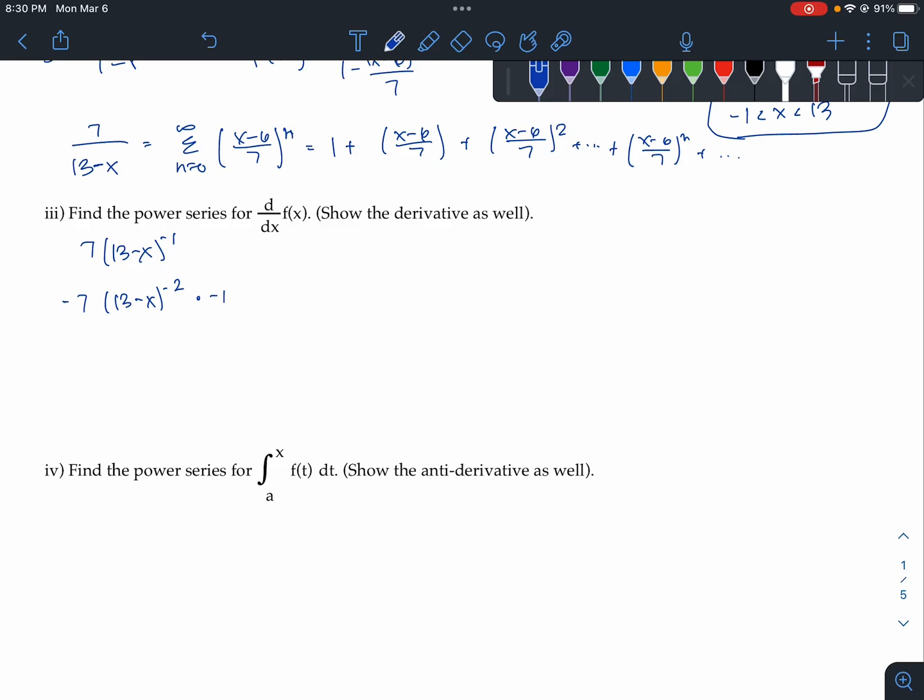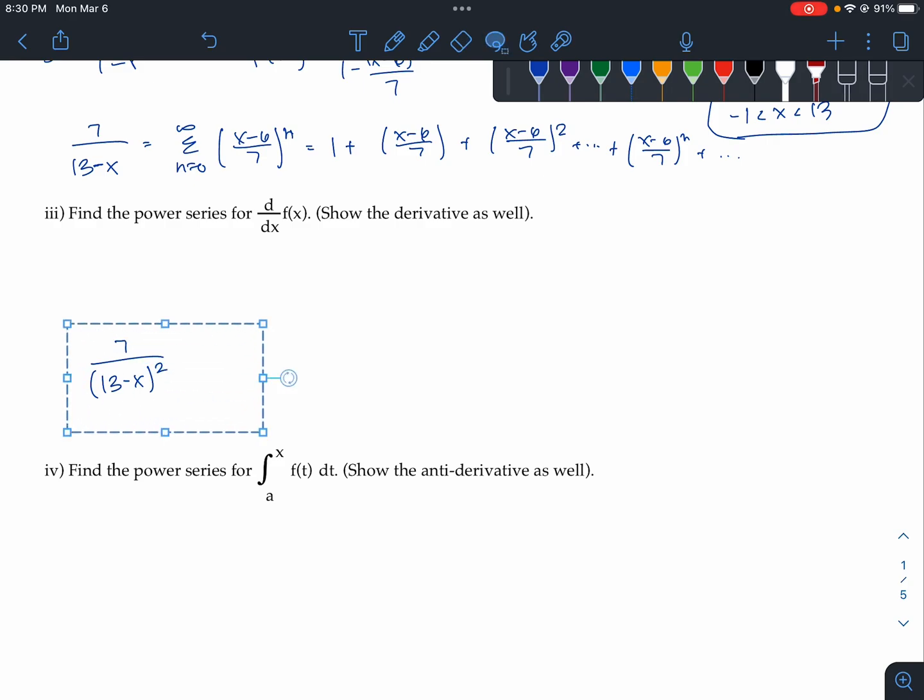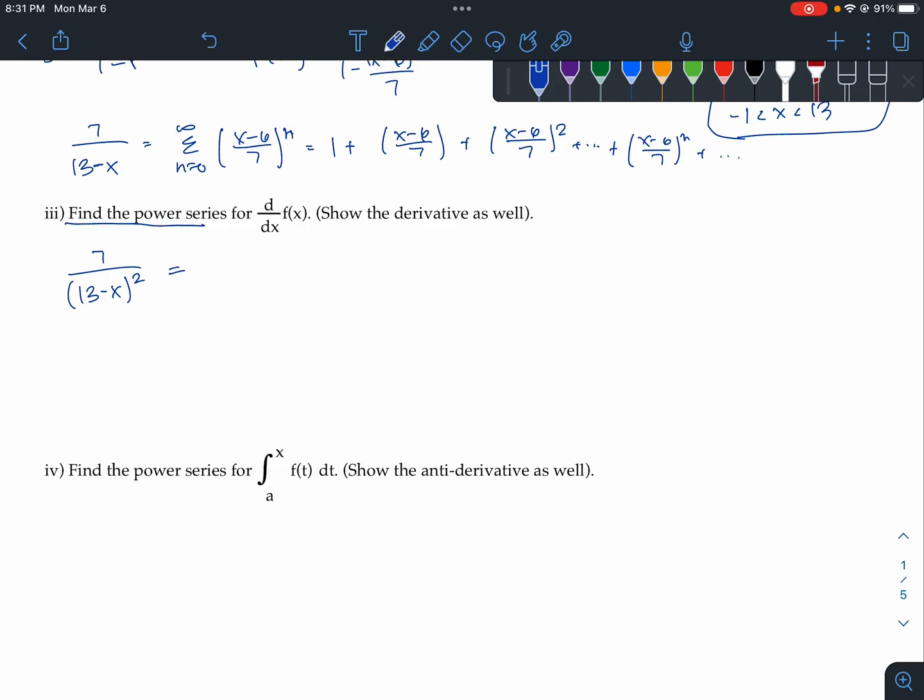So in short, we're going to have 7 over 13 minus x squared. So this is our function, and I'm just going to delete this so I have more room to work with. So here's the derivative of our function, but what is the power series? So that means to find the power series for this function. So the power series will be derived from this one right here.